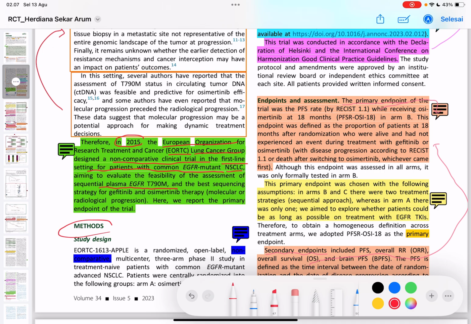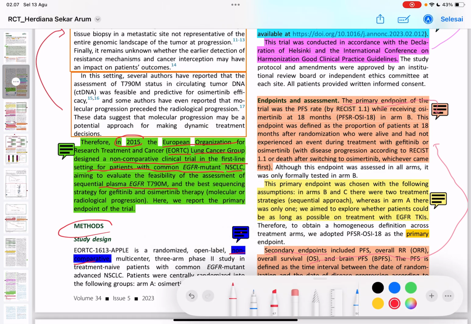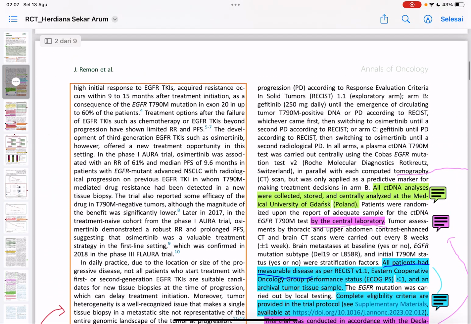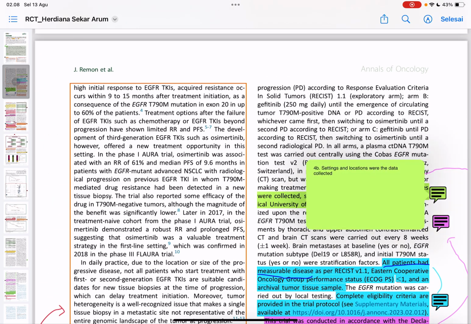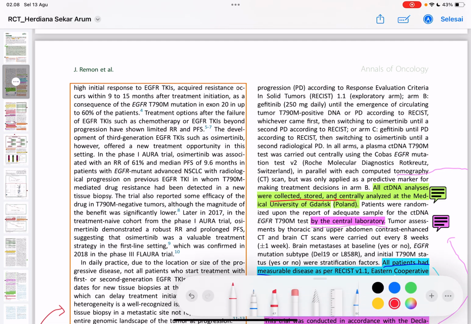In the methods, in here, it says about the description of the trial design. And in here, there is the word non-comparative. Next, we have the setting and location where the data were collected. The data were collected in sites and centrally analyzed at the Medical University of Gdańsk, Poland.